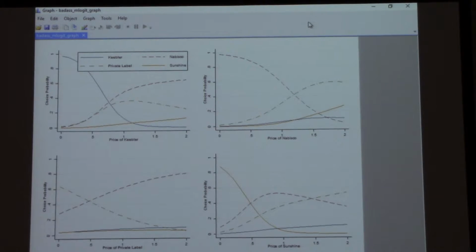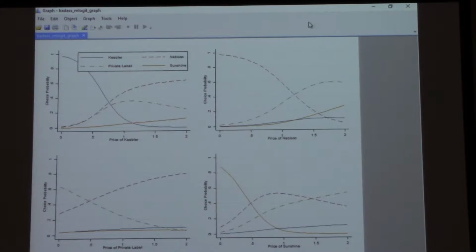And notice that these things aren't going to be symmetric. In other words, as the price of Keebler increases, we go mostly to Nabisco. But let's go to Nabisco. As the price of Nabisco increases, where are people going? To the generic, exactly.